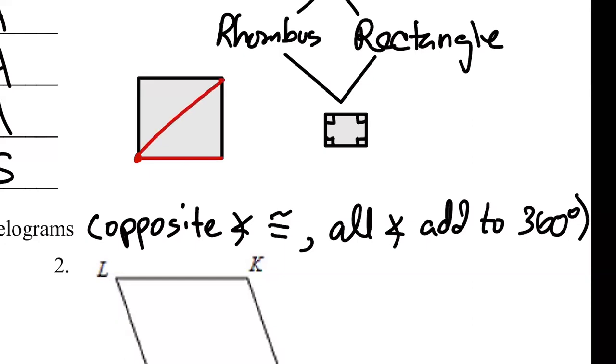You just ask yourself how many triangles you would have. I have 180 degrees for this triangle, 180 degrees for that triangle. Because I have 2 triangles, put together, I have 360 total degrees.